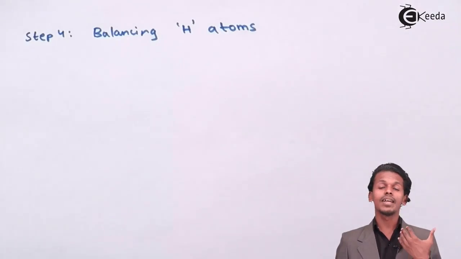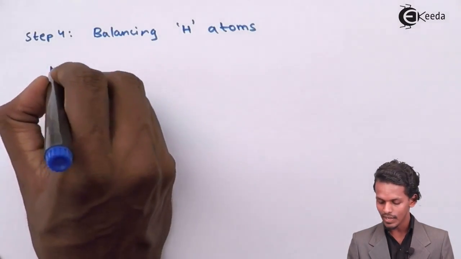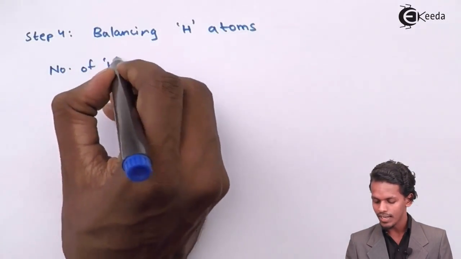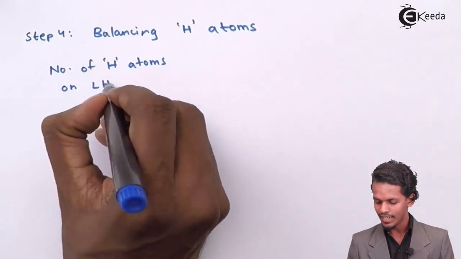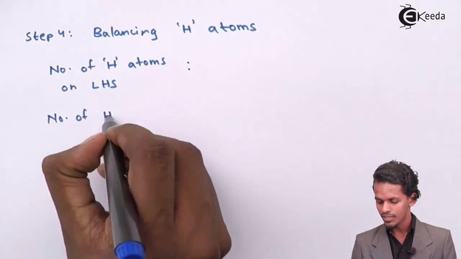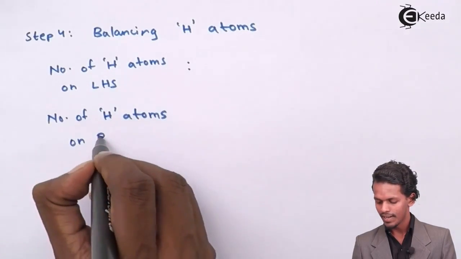In this case we will calculate how many hydrogens are present on the left hand side. So here I would write very shortly the number of hydrogen atoms on left hand side, and the number of hydrogen atoms on right hand side.